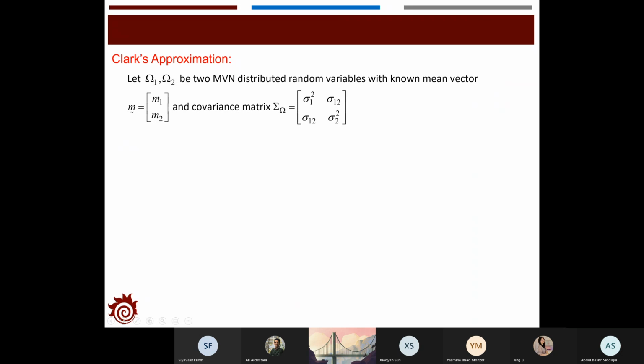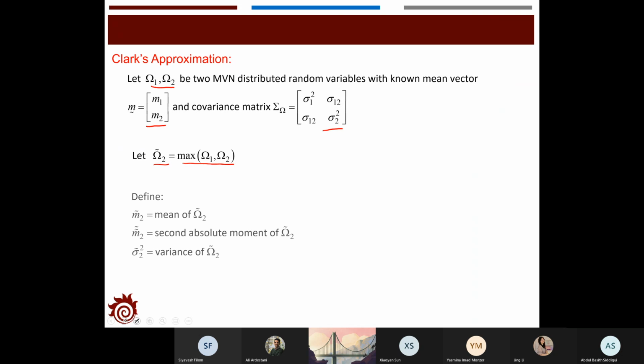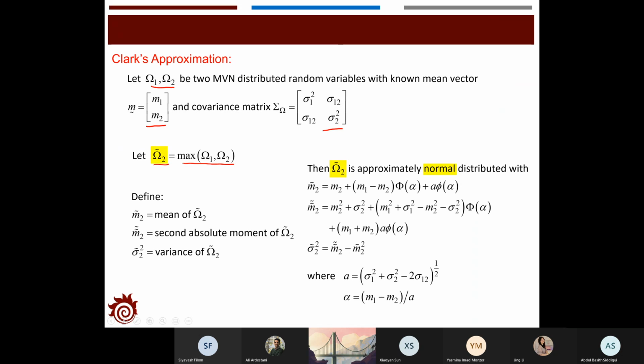First, let's start with two random variables, assuming that omega 1 and omega 2 are two multivariate normal distributed random variables. We know their mean and the covariance. And if we set omega 2 tilde as the maximization of omega 1 and omega 2, we can find out that it's also in a normal distribution. We can calculate their mean and variance. This is what we just explained.